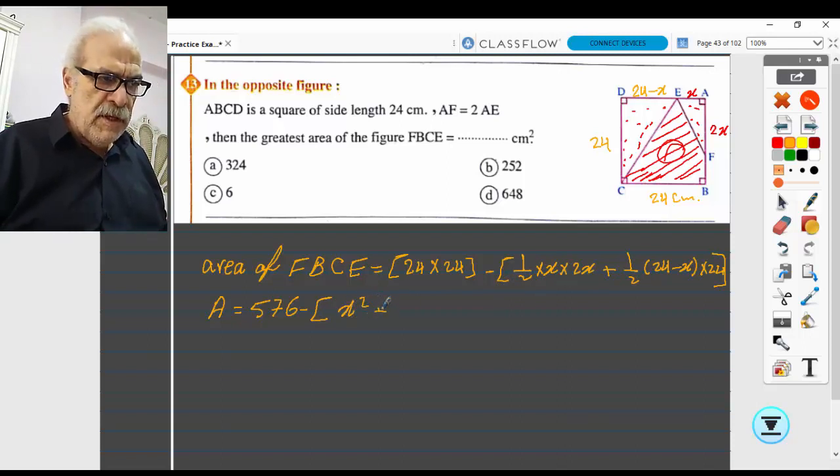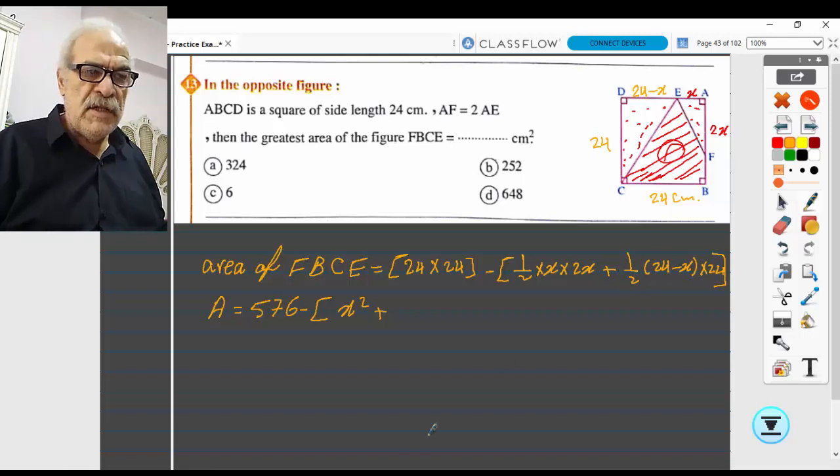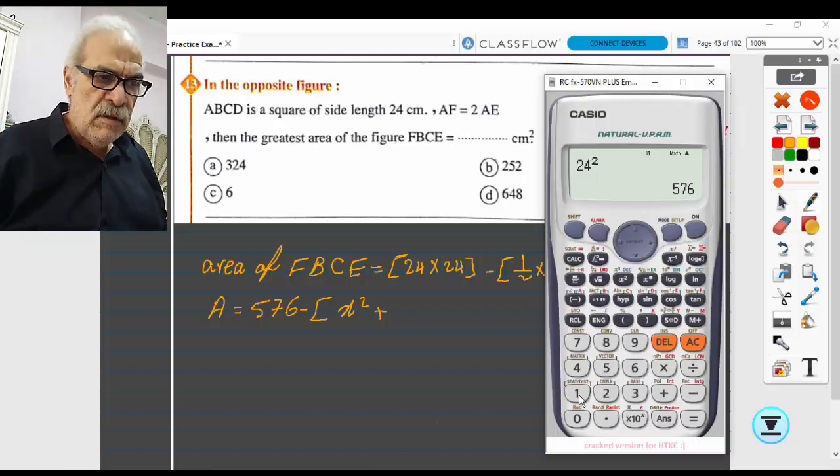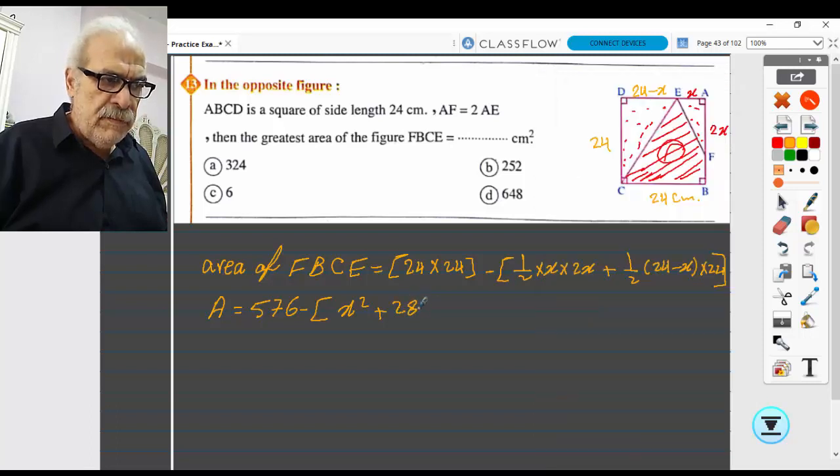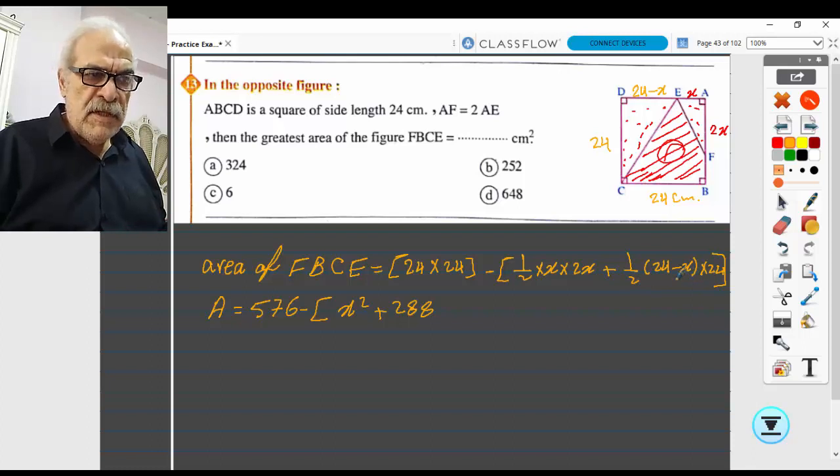Plus half multiply 24 equals 12. 12 multiply 24 equals 288. And 12 multiply negative x equals negative 12x.